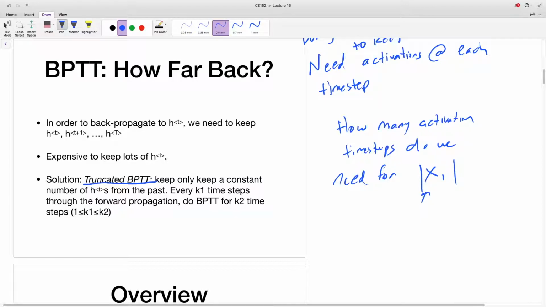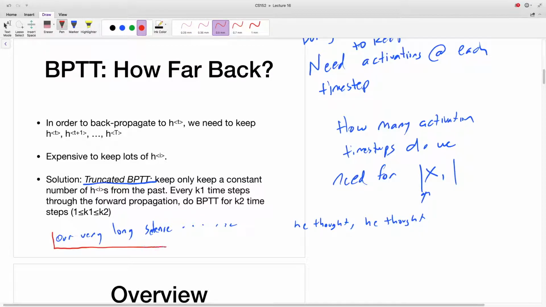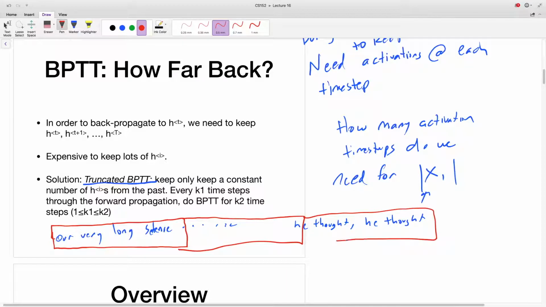So we have our very long sentence, "he thought," and we break it up into chunks. Let's say I'm going to just make it 100. So I'm going to run this for 100 time steps.